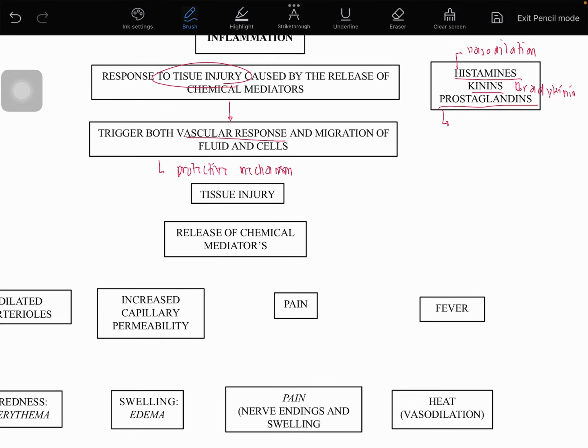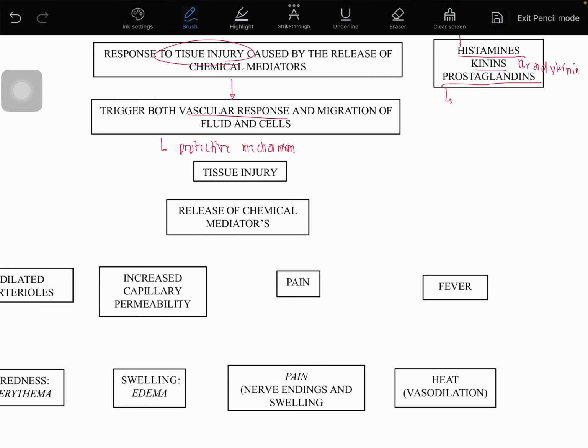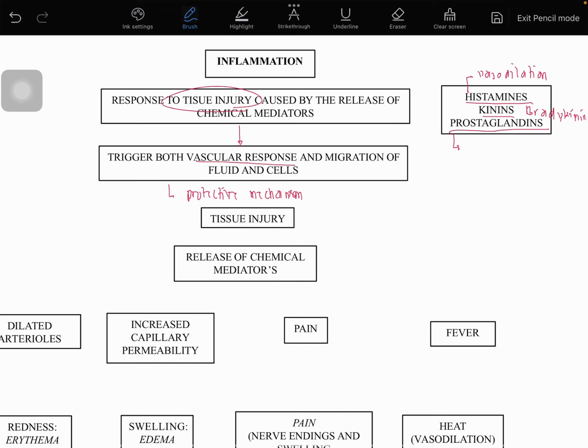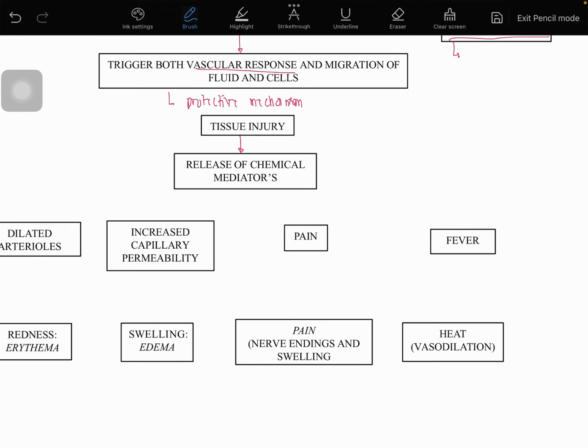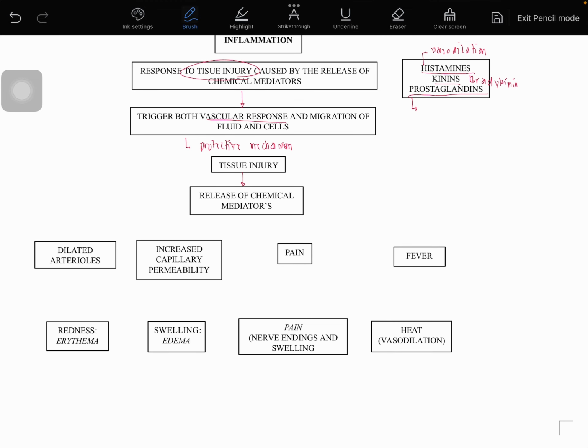Okay, so let's discuss your tissue injury. When you have a tissue injury, of course, there is a release of your chemical mediators. We have five cardinal signs of inflammation. But before we discuss that, once the chemical mediators are released, what will be the result?